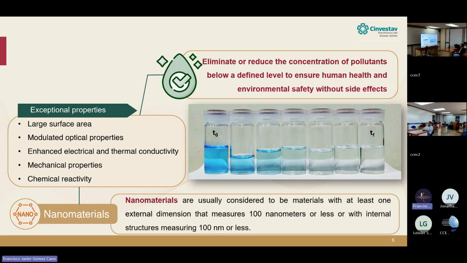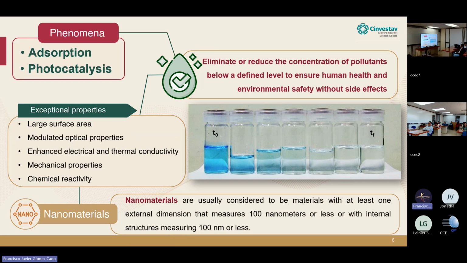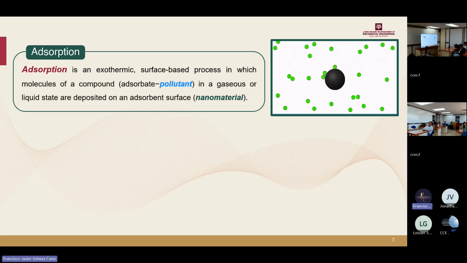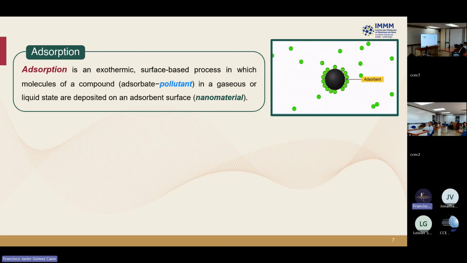On the other hand, regardless of the nanomaterials being used, there are two main phenomena involved in the decontamination of water, and they are absorption and photocatalysis. Absorption in general is an exothermic, surface-based process in which molecules of a compound, in this case the pollutants, are deposited on the surface of an absorbent, or in this case a nanomaterial.